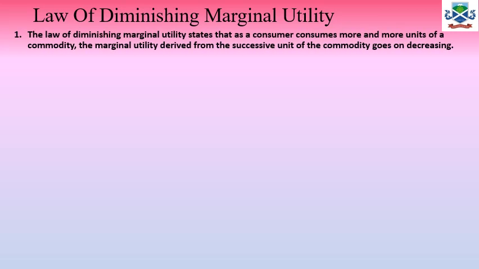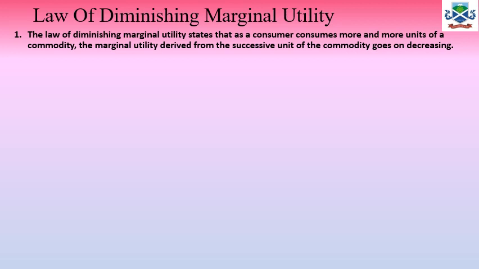Now we are going to learn the law of diminishing marginal utility. This law states that as the consumer consumes more and more units of a commodity, the marginal utility derived from successive units goes on decreasing. This means that as you consume one unit after another without any time interval, the additional utility derived from the additional consumption goes on diminishing.